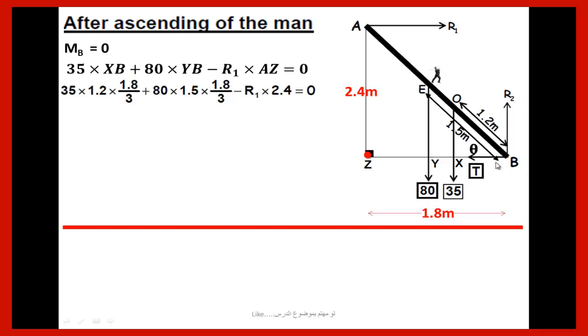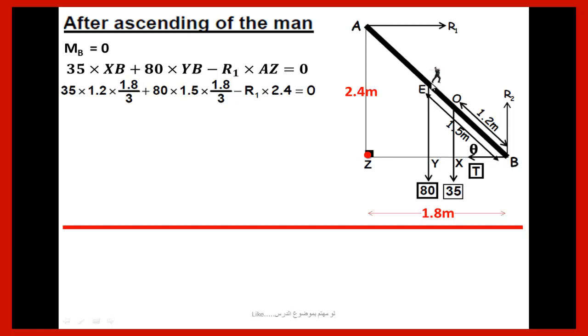XB equals 1.2 cosine theta, where cosine theta equals the adjacent 1.8 over the hypotenuse 3. So we have XB equals 1.2 multiplied by 1.8 over 3, plus 80 multiplied by YB. What is the length of YB?